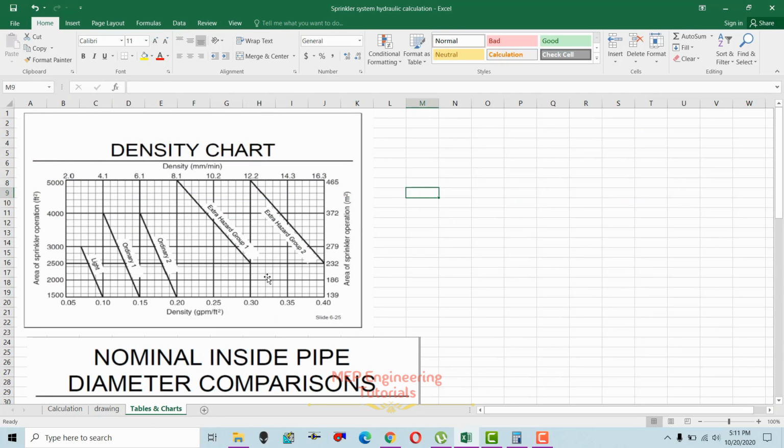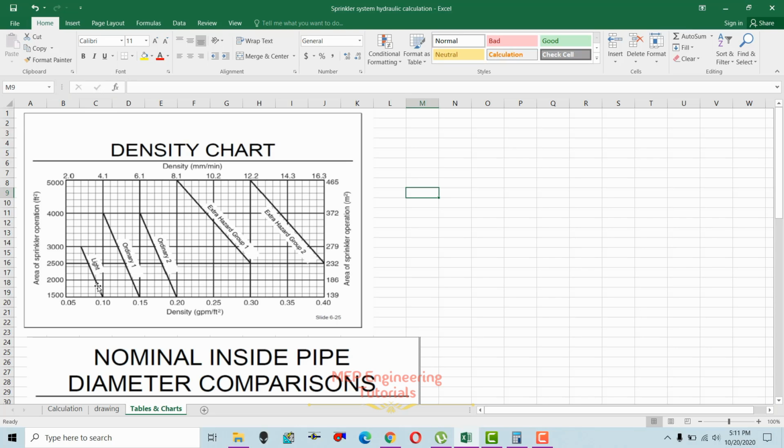How did I get this 0.1 density? Let's move back to our chart. This is the density chart. On the x-axis, density is in GPM per square feet. On the y-axis we have the area of sprinkler operation in square feet. Since we said that we have the ordinary hazard group, you can see that the minimum area of sprinkler operation is 1500 square feet.